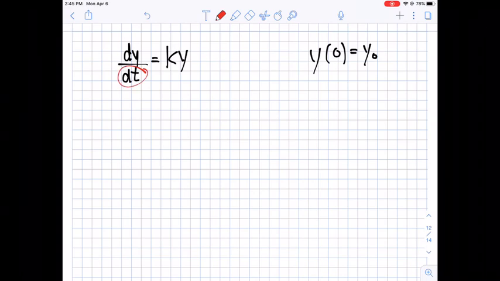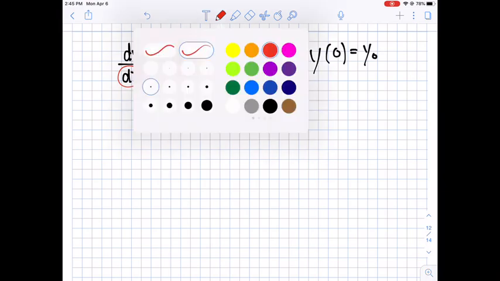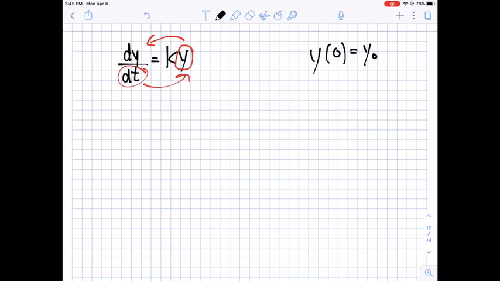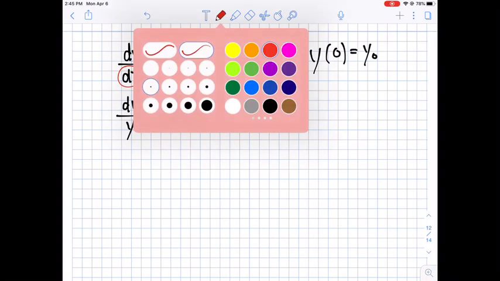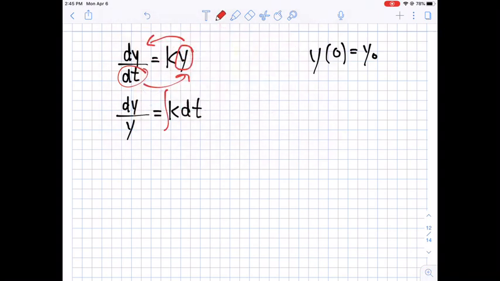The first thing we want to do is just bring the t's over to one side, bring the y values over to the other side, and that constant k, we can do whatever we want with it. Let's just leave it as is. You could bring it to either side. For now, we end up with dy divided by y is equal to k multiplied by dt. We've completely separated here the variables y from t, and now we are ready to integrate.